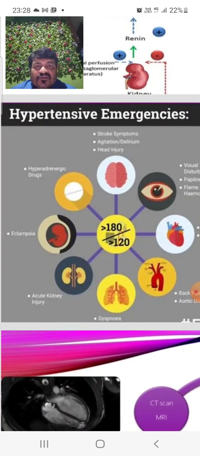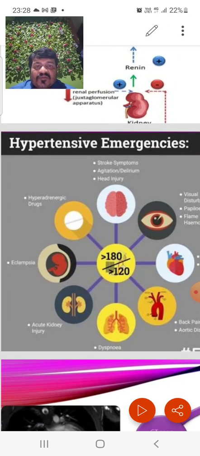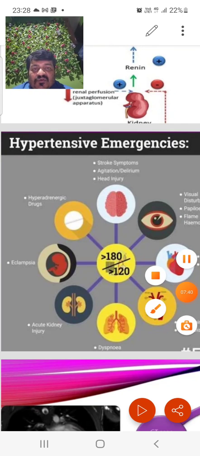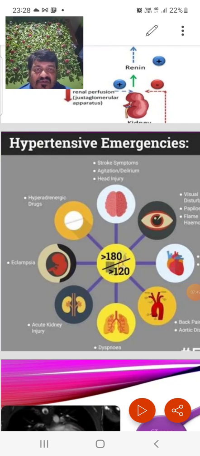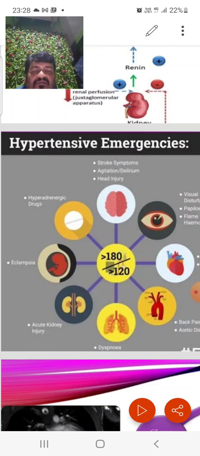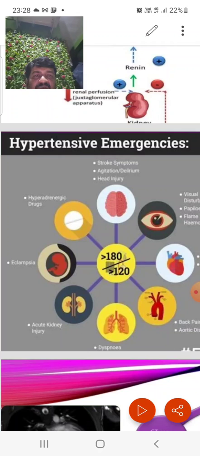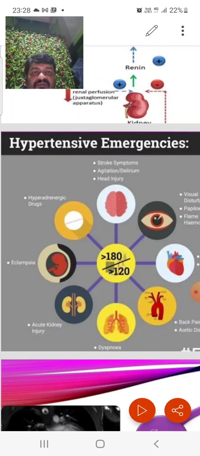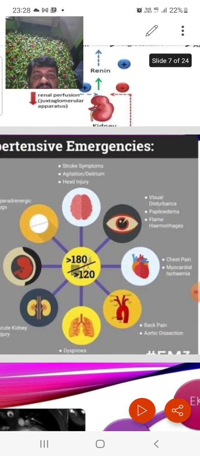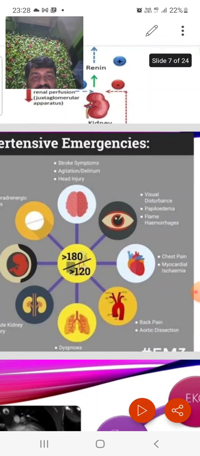So what are hypertensive emergencies, and what is the blood pressure that is more prominent in each organ? Like when the blood pressure is about 180 to 120 systolic, it affects many things. We are already concerned that it affects the brain, the eyes, and the myocardial tissues.